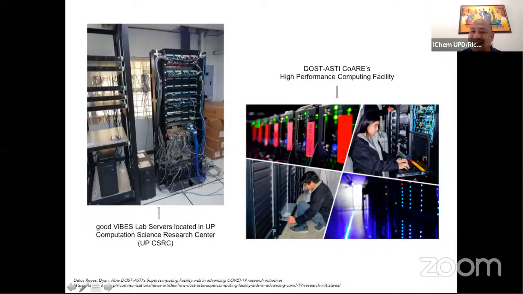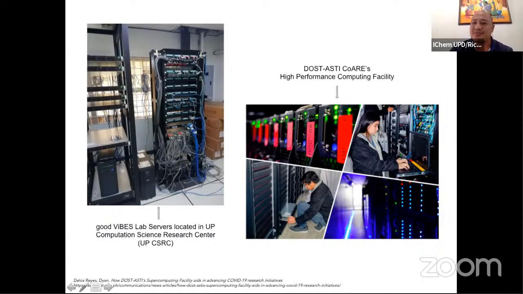We have 1,000 to a lot of computers working as one. So ito yung tinatawag nating high performance computing clusters. So meron tayo sa UP Diliman, meron kaming sarili sa lab, at meron din tayo sa Pilipinas. Ito yung tinatawag na DOST-ASTI, na sangkatutak na computers ang pwede mong gamitin, sangkatutak na computational power ang pwede mong magamit when you do our computational experiments.